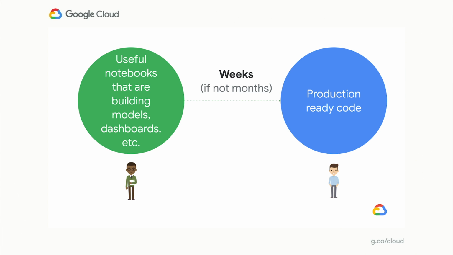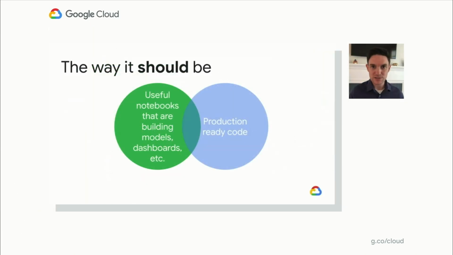What this usually means is that when a data scientist wants to create a notebook, create a model, and then get something in production, it can take weeks, if not months, and require a lot of steps in between. We think that things should be much, much easier.